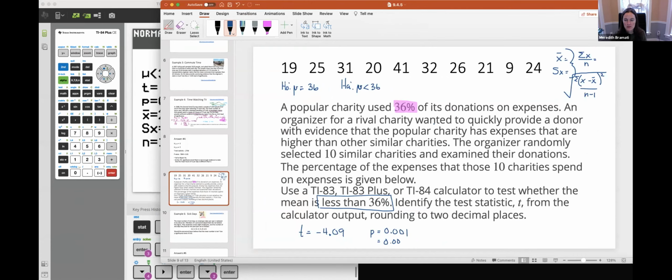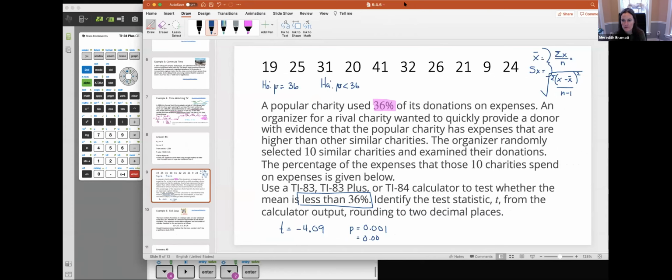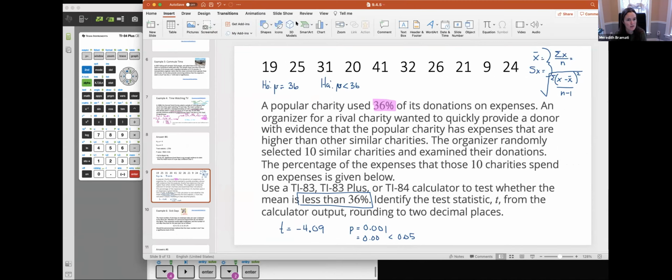What do we compare it to? Zero point zero five. Yes, 0.05. There is none given, right? But if I was going to continue on and compare it, I would say it's less than. And what would our conclusion be? Reject. Yes.